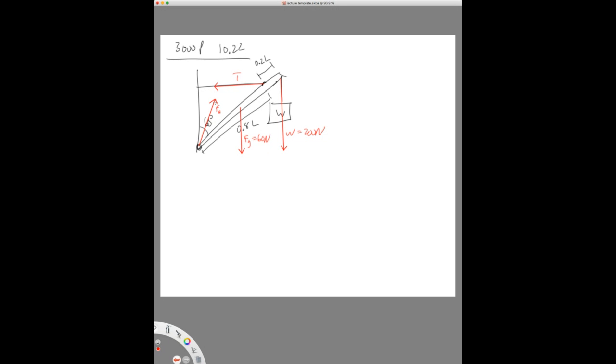Now, why do I think it's up? Because I've got the two forces of gravity. The force of gravity and the weight are both down, and there has to be something supporting this rod. So there must be something with an upward force, and the tension is perfectly horizontal, so it has to be coming from the hinge.